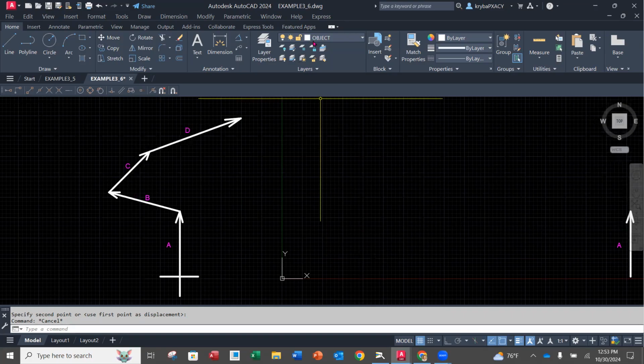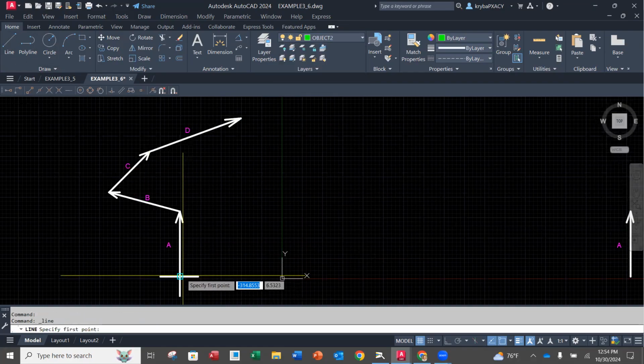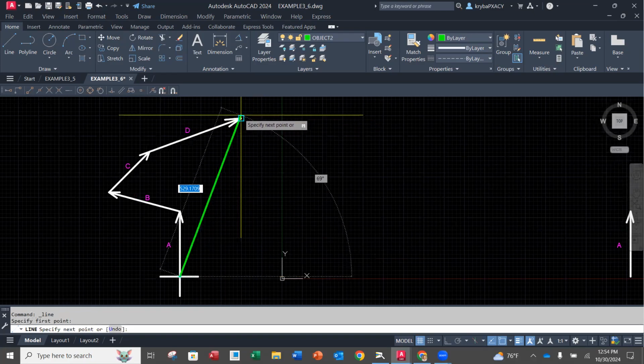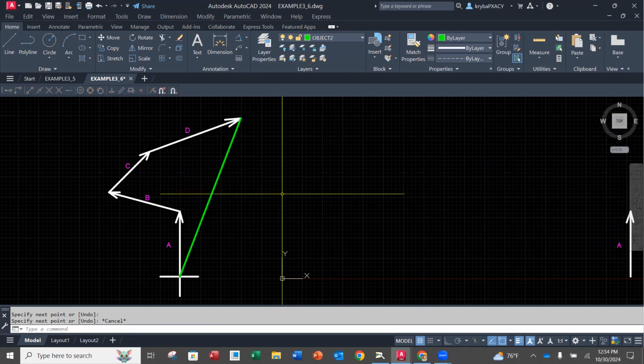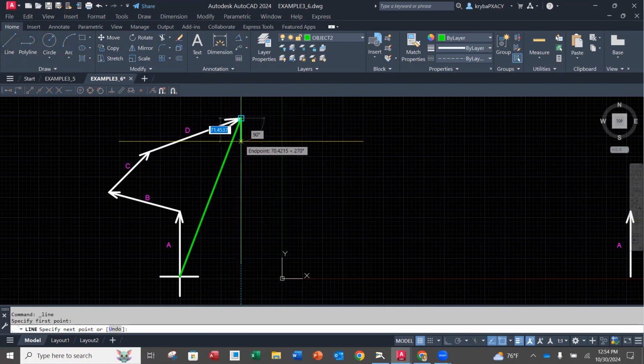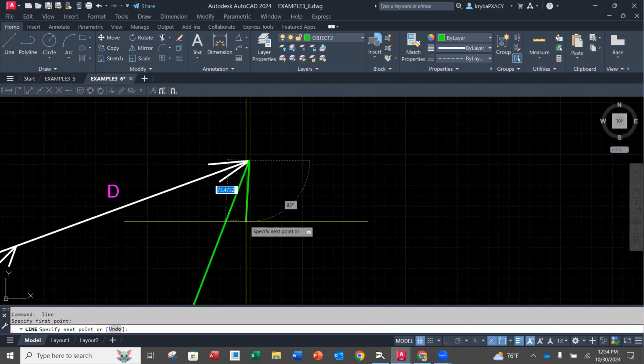So we're going to then identify our resultant by taking a line from the origin, and it's going to end at the endpoint or the tip of the last vector. Okay. The resultant's arrowhead will also be at the tip of the last vector.